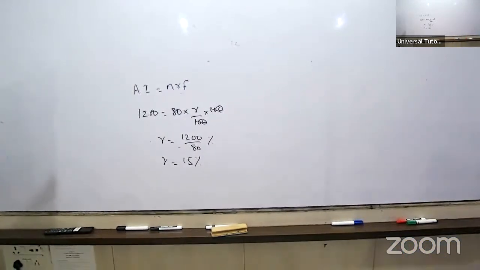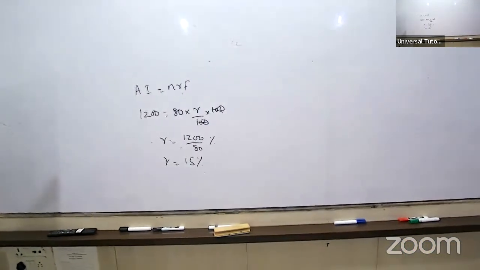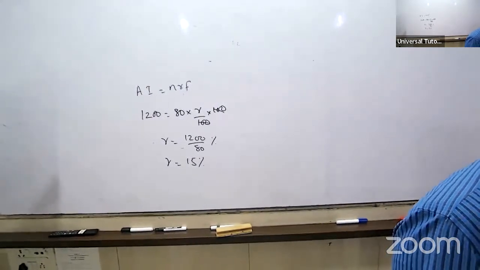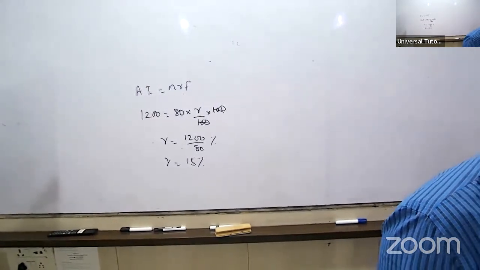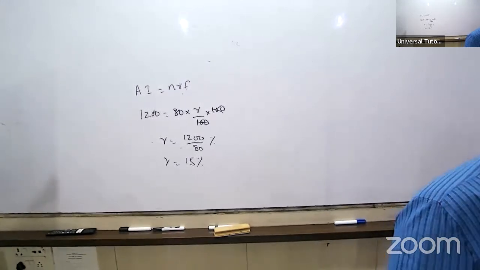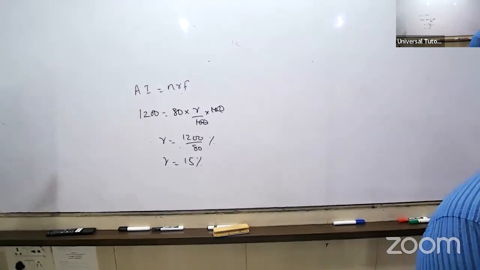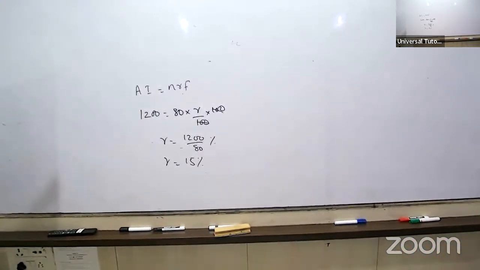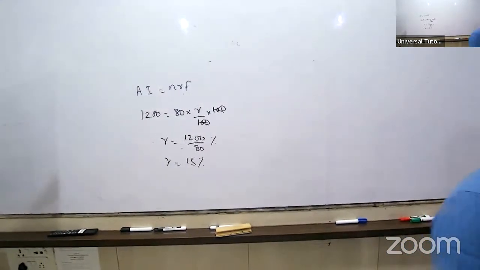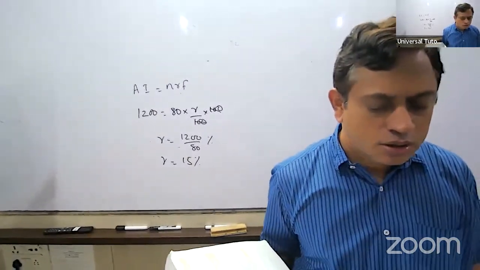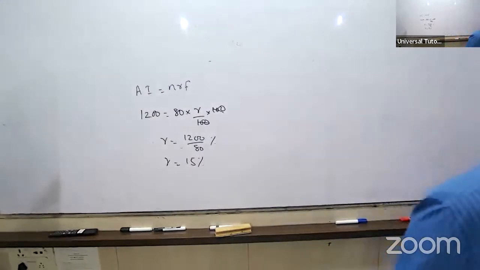First one: what is the meaning of 12% rupees 100 shares at 120? What is 12%? Rate of dividend. You can write for A and B. For A, rate of dividend is equal to 12%. Then what is this 100? Face value.